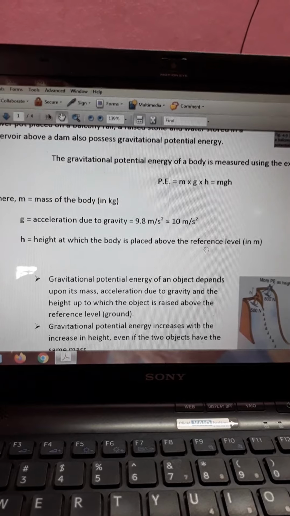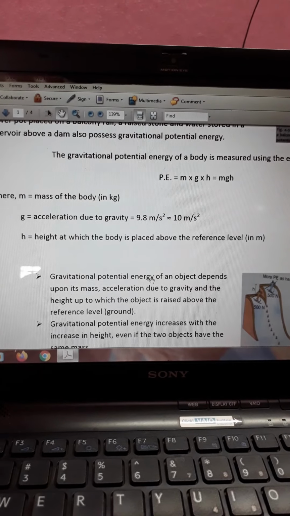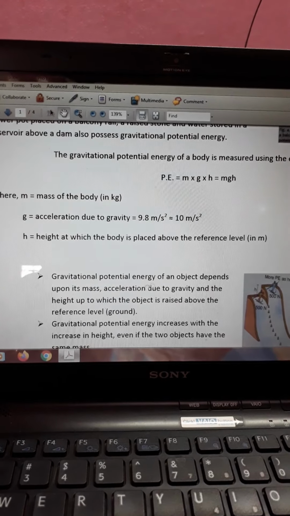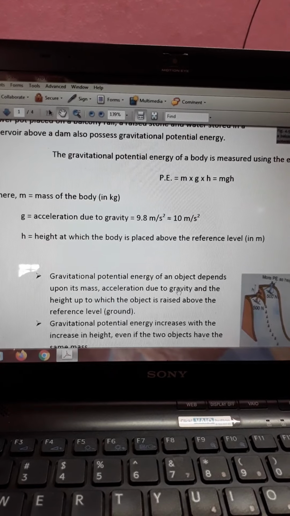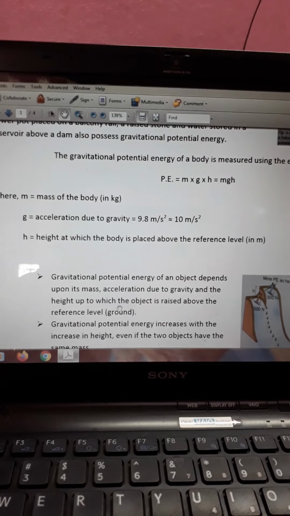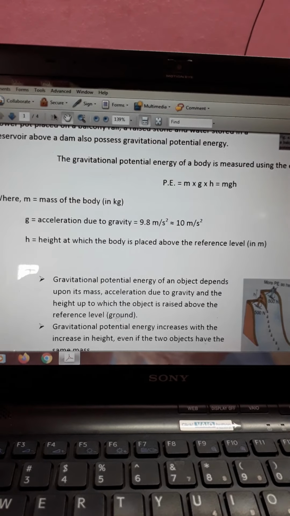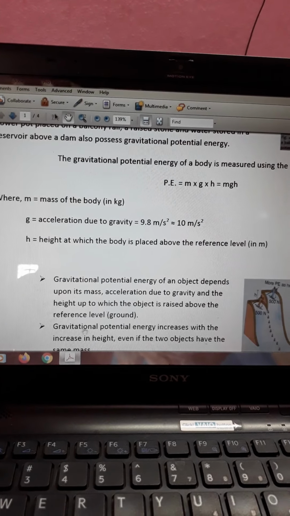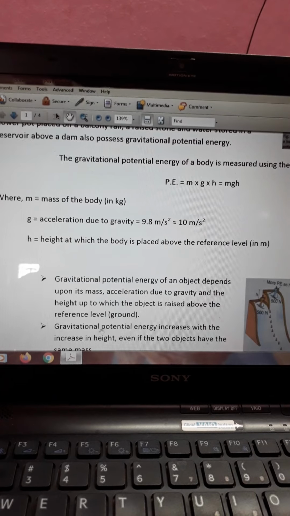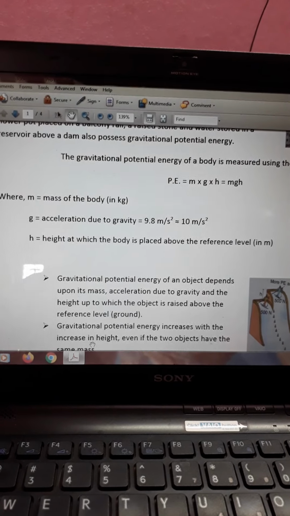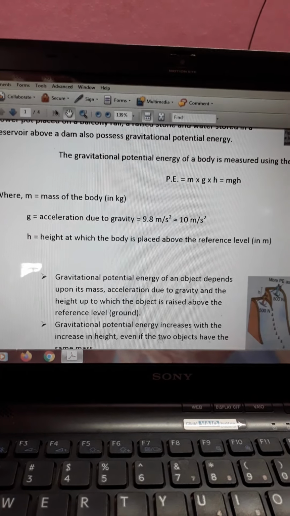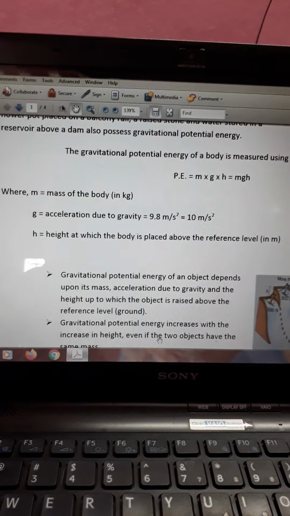So the gravitational potential energy of an object depends upon its mass, acceleration due to gravity, and the height up to which the object is raised above the reference level, meaning the ground. So gravitational potential energy increases with the increase in height, even if the two objects have the same mass.